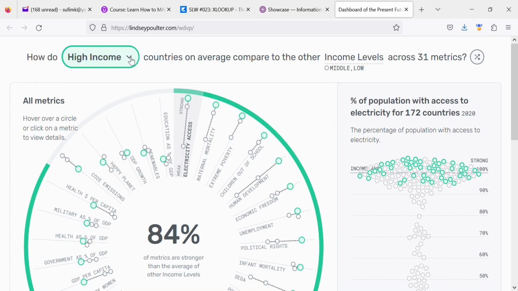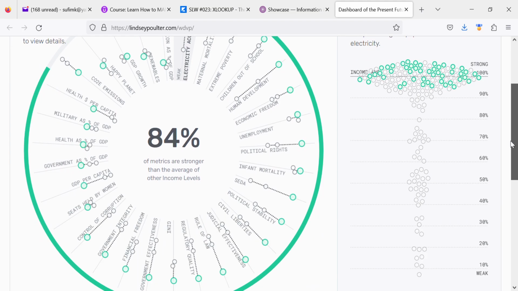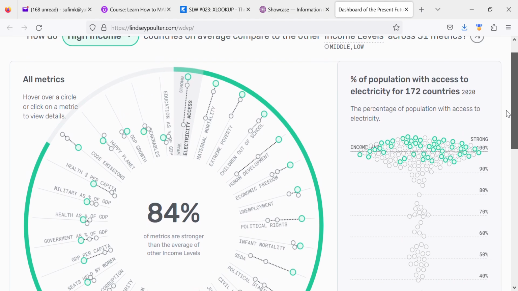High income countries are compared to the other income levels across 31 metrics. Their score is 84%, meaning 84% of metrics for high income countries are stronger than the average of other income levels.